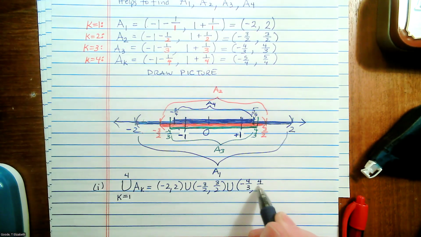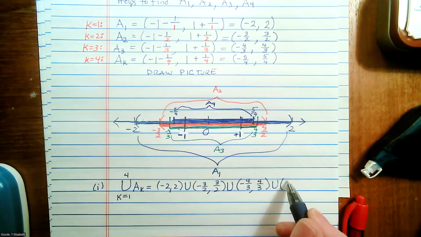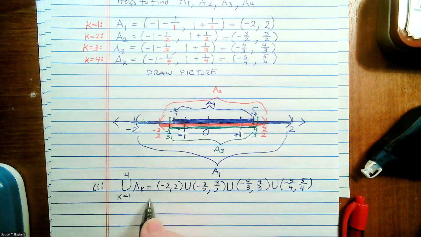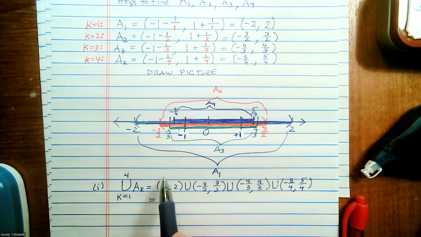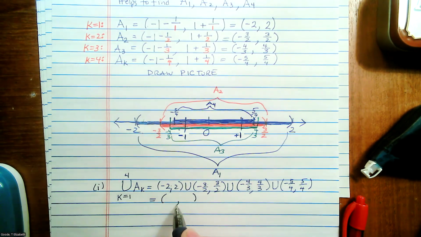So we're looking for elements that are in A1 or in A2 or in A3 or in A4. But look, A2 is contained in A1 and so is A3 and so is A4. So what's the union of all these?